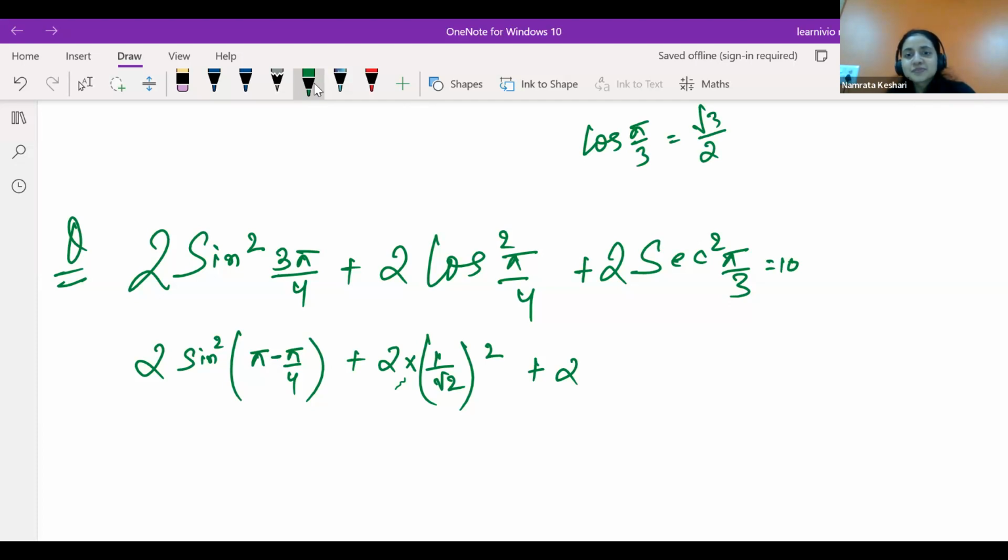Is it 1 by root 2? Ma'am, it's 1 by 2. Yeah, it's 1 by 2. It's not root 3 by 2, because that is for sine of 60. Cos 60 is just 1 by 2, and if we take the reciprocal of that, it will be 2 by 1, right?